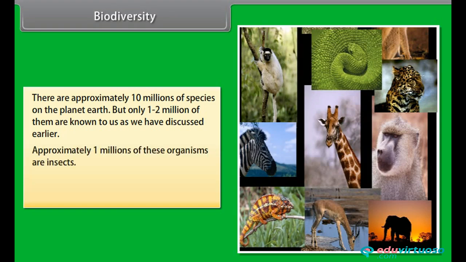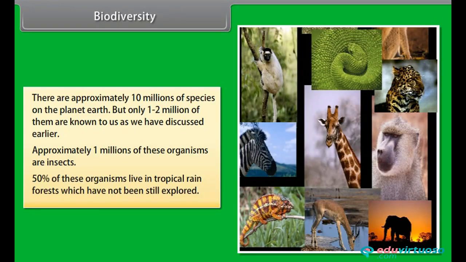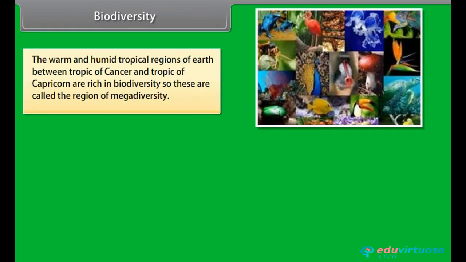Approximately 1 million of these organisms are insects. 50% of these organisms live in tropical rainforests which have still not been explored. The warm and humid tropical regions of Earth between the Tropic of Cancer and Tropic of Capricorn are rich in biodiversity, so these are called the regions of megadiversity.